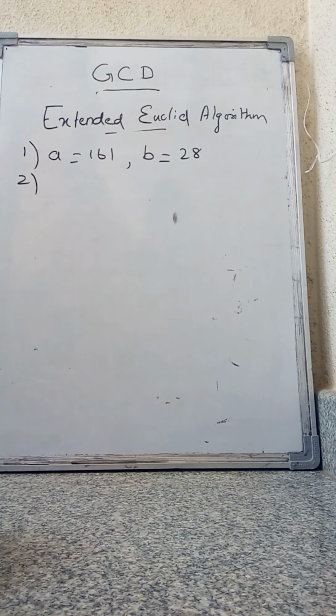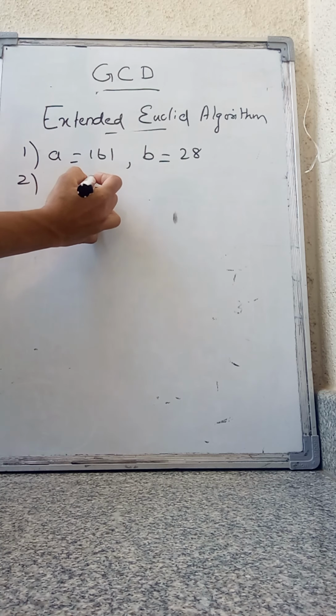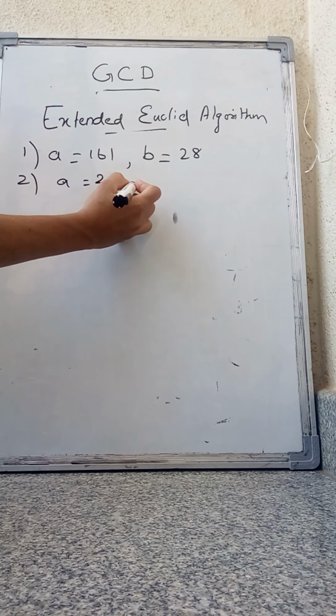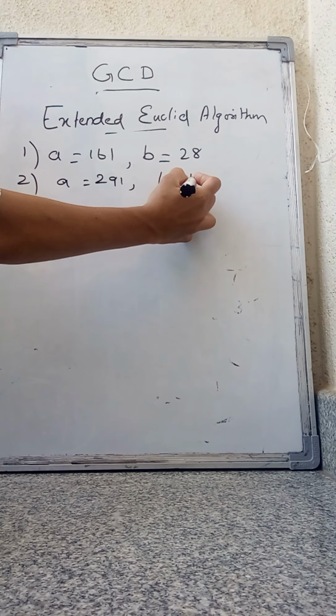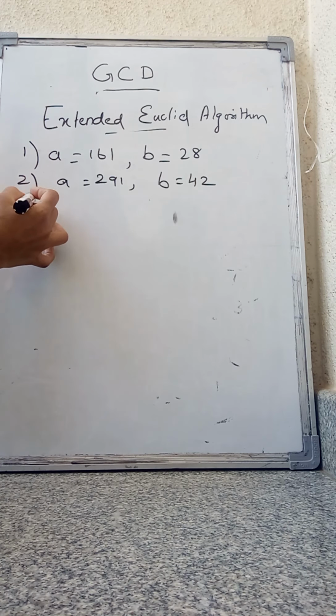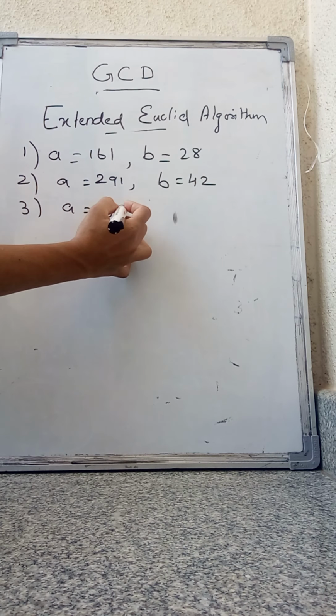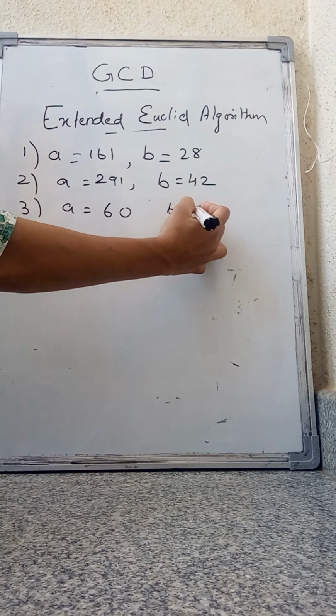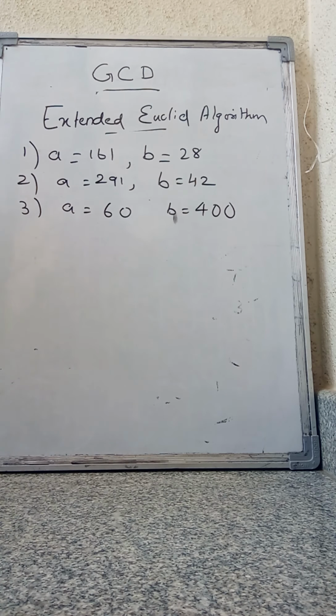The assignment problems are the questions at the back of the textbook itself. Using the extended Euclidean algorithm, you have to find the values of GCD, s and t. Second, a is equal to 291 and b is equal to 42. Third, a is equal to 60 and b is equal to 400. So these 3 problems you have to do. For the Euclid algorithm there are 2 problems, and for the extended Euclid algorithm there are 3 problems.